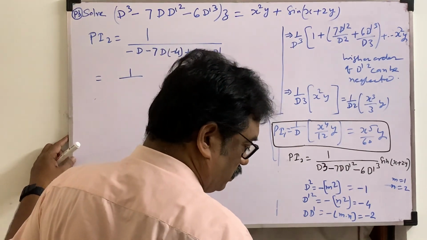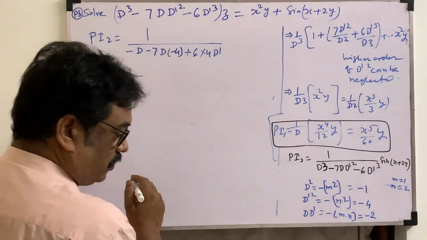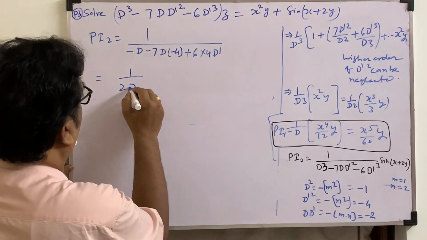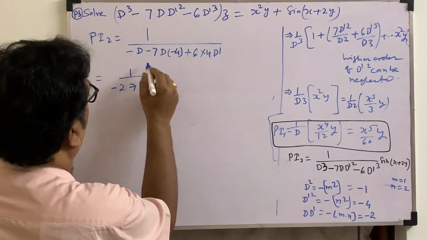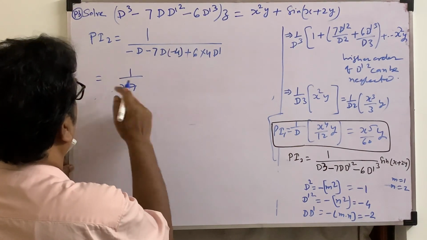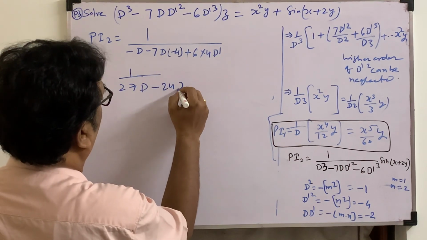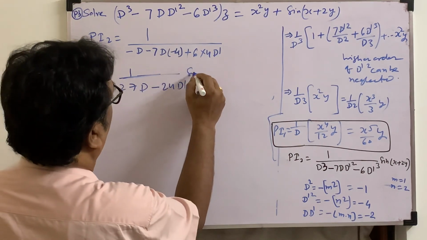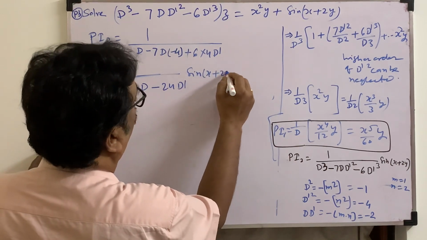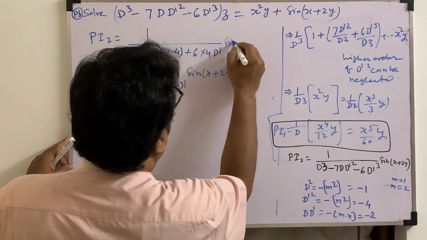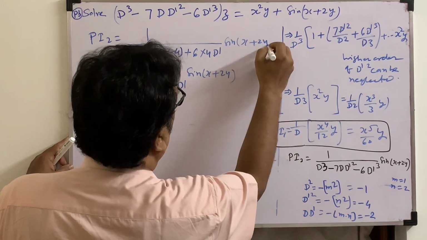Minus 20, oh, this is plus, minus plus, so 27D plus 24D dash. We got this. You write here sin x plus 2y, you carry this also here, sin x plus 2y.